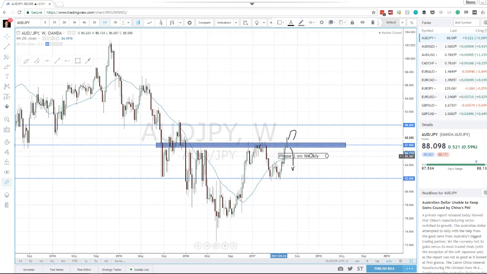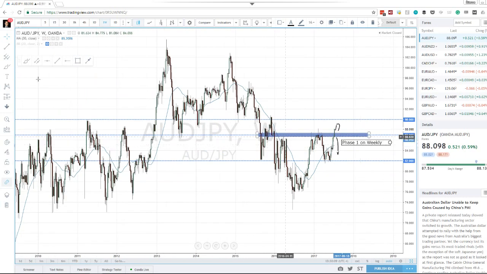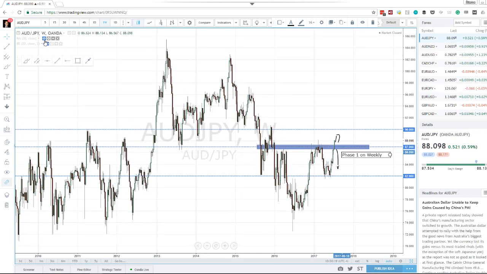That's why there's a text here, phase one, because the market phase right now is sideways. I don't use the EMA, the moving average, to trade. It's just there to give me an idea sometimes when I'm not sure.